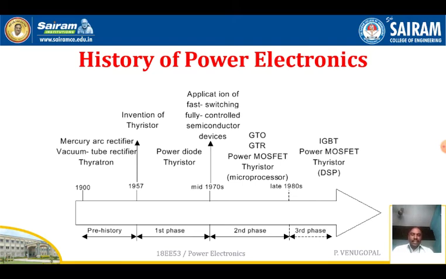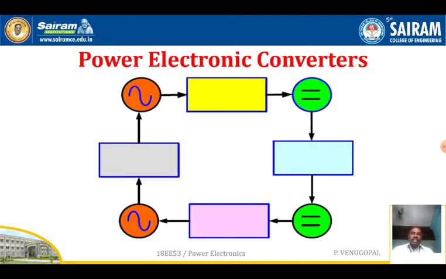In the late 1980s various power semiconductor devices evolved, like the GTO, gate turn off thyristor, power MOSFET, and later the IGBT. We divided the evolution into four phases: the pre-history, then the first phase, followed by the second phase and the third phase of the invention.